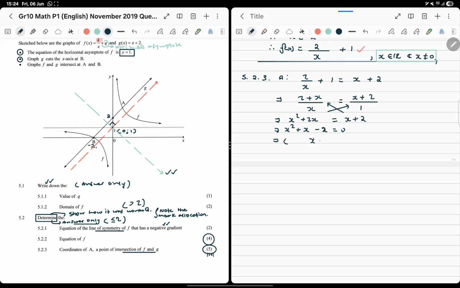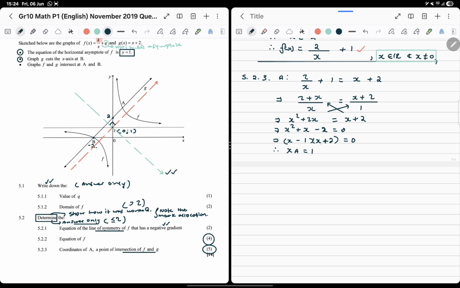This implies we can factorize by inspection. So this is (x plus 2)(x minus 1). So therefore, x at A is equal to 1.